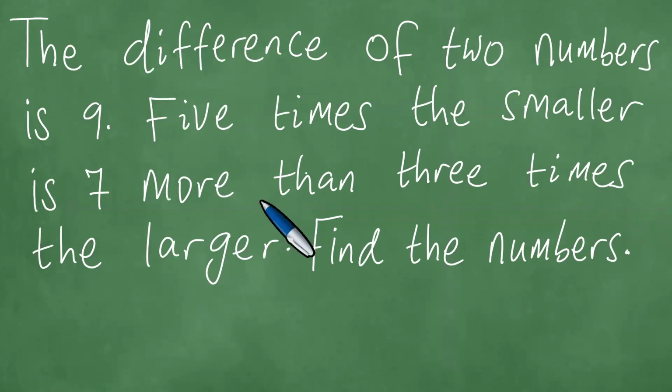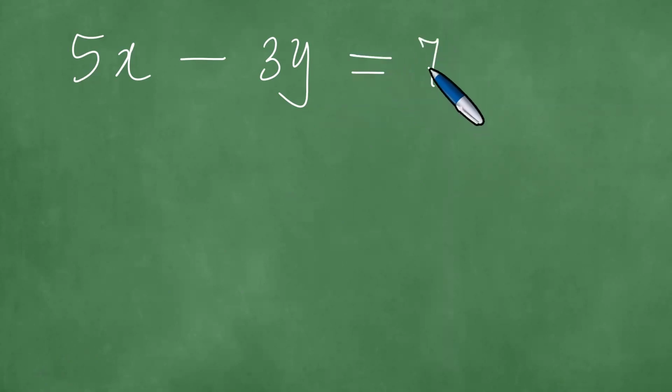And 5 times the smaller is 7 more than 3 times the larger, and since it is 7 more, it means the difference is 7, like so. And this one here, let us call this equation 2.